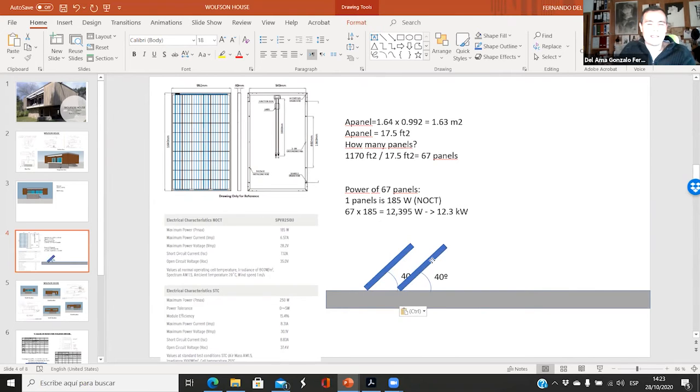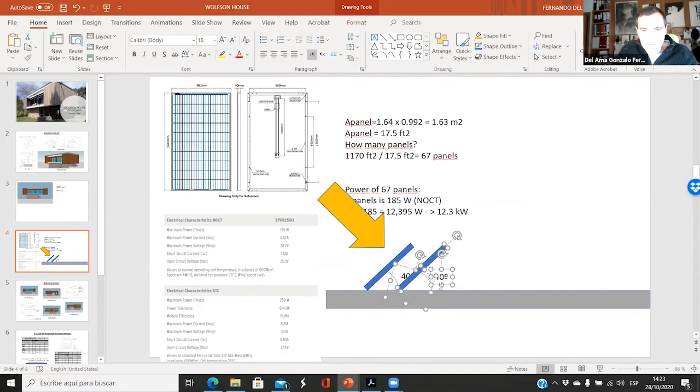Okay, so we can't place another PV panel here. Why? Because the sunlight is coming like this. So this one is casting shadow on that panel.